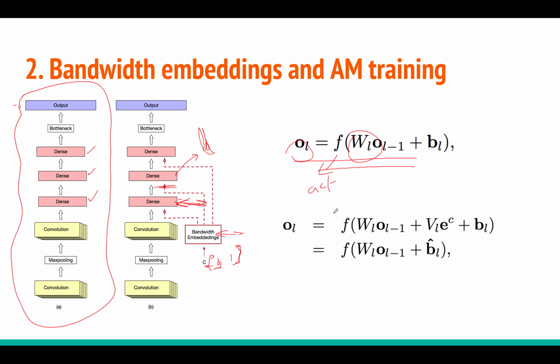But now we take the embedding E, which is initially random but later learned, and this vector goes through some transformation, and that gets added to the bias vector. So the new bias is B cap. This is how you add the bandwidth embeddings to the model. Very simple idea, right? These embeddings are trainable.